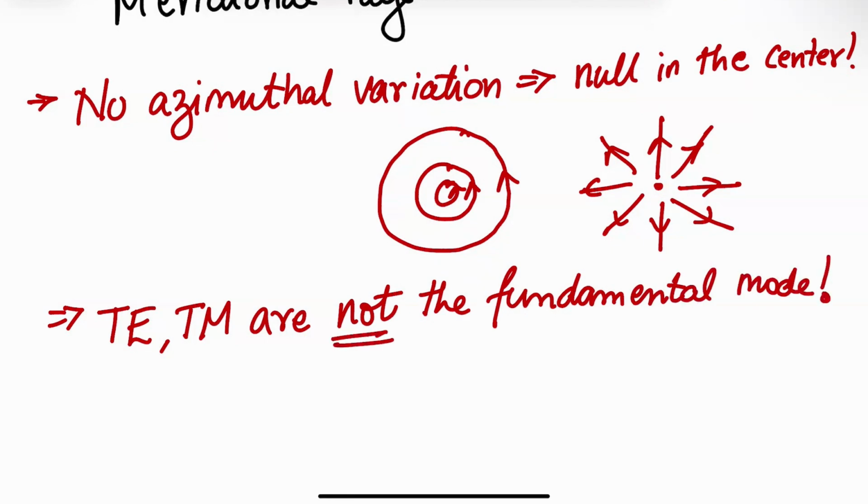Okay, why is that a problem? Because typically we care about the fundamental mode, right? We want to have a single mode propagating in a fiber, which is more often than not, pretty much all the time, the fundamental mode. If you have a single mode, it's typically the fundamental mode, right?